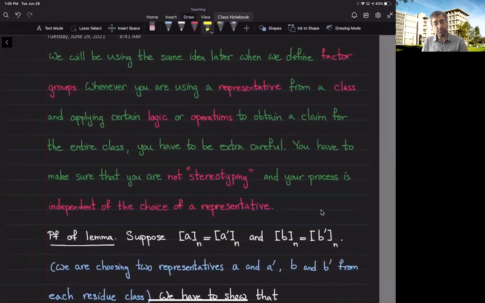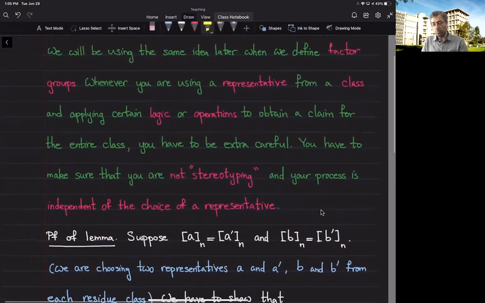Later in this course, we will be using the same idea when we want to define factor groups. So it's important to understand the subtlety over here, and we will be a bit faster next time that we see a similar idea.